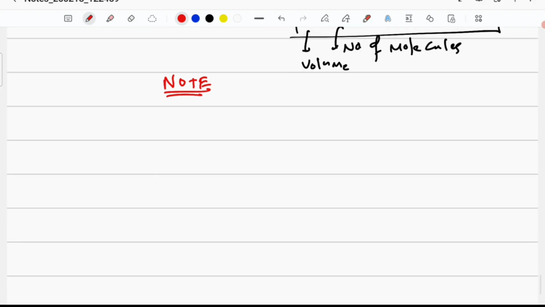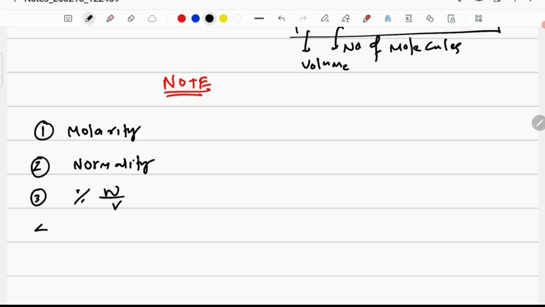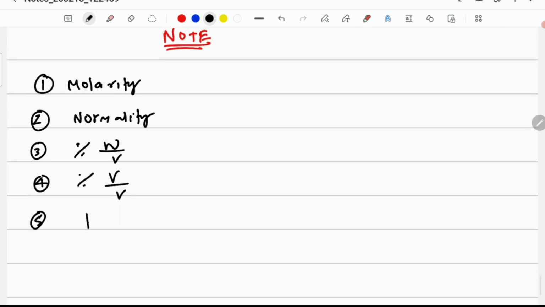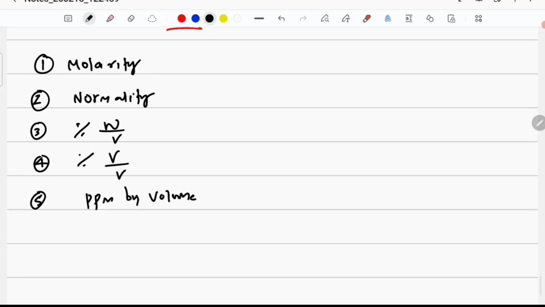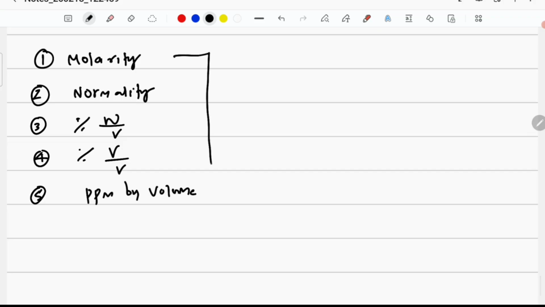First, molarity, normality, percentage weight by volume, percentage volume by volume, parts per million by volume. These terms are temperature dependent.